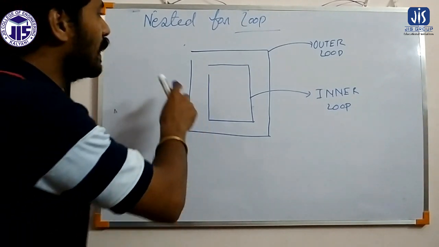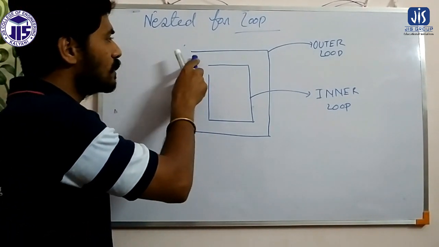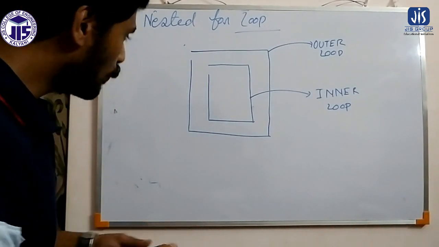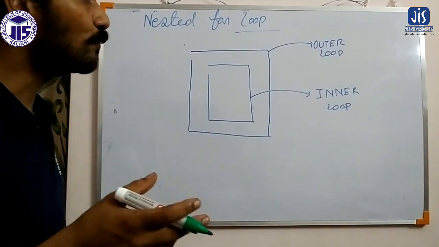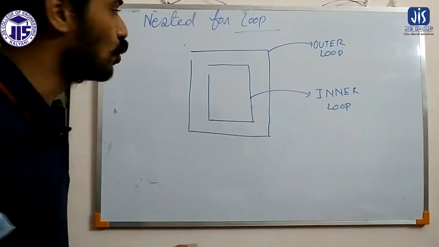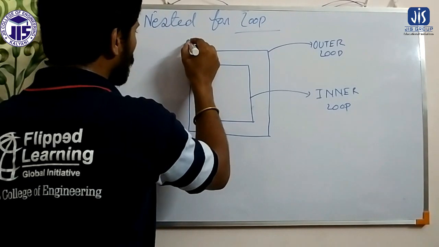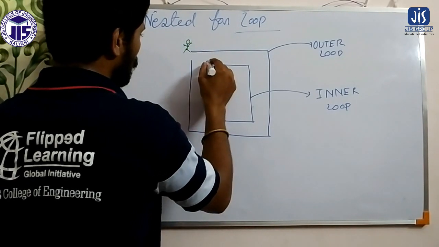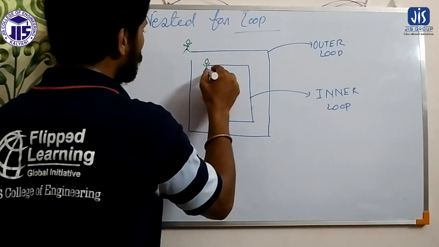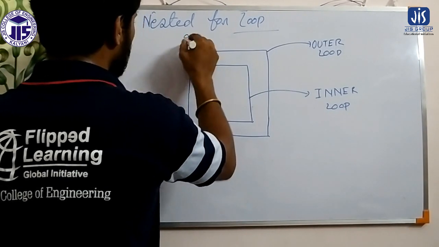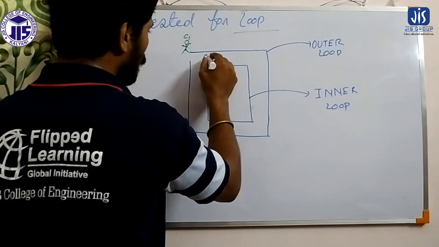If we can enter into the outer for loop, means if we can satisfy the condition. As I have said, for loop is an entry control loop. So in case of an entry control loop, the condition will be at the entry point. This is the condition for the outer for loop and this is the condition for the inner for loop.